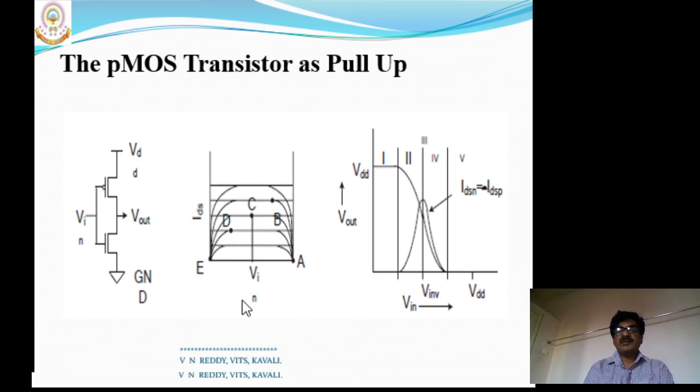The middle diagram represents the overlapping characteristics of the pull down and pull up transistors, and the third figure represents the inverter characteristics and flow of current in the inverter. First of all, see the operation, whether this works as an inverter or not, but that you can see in the next class.